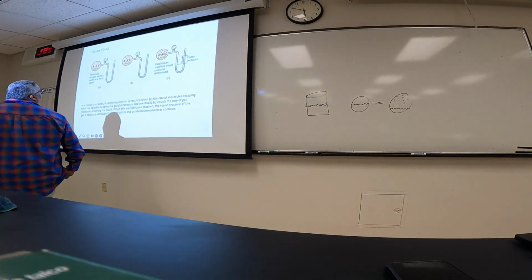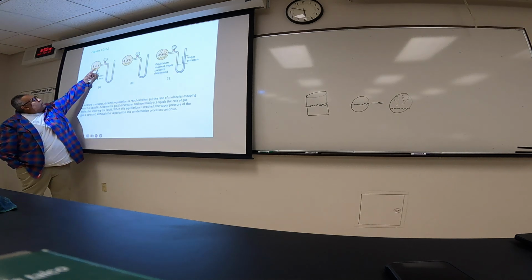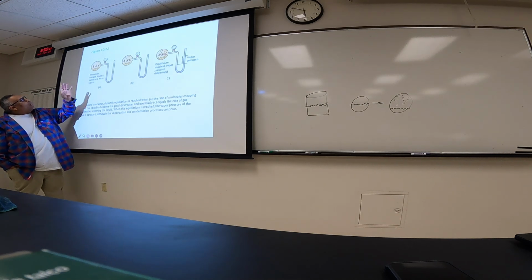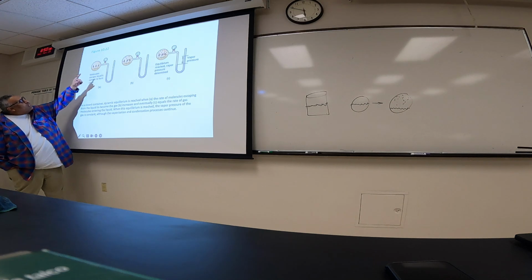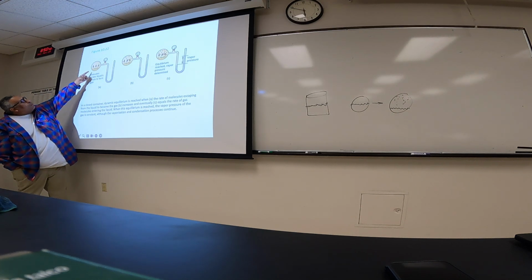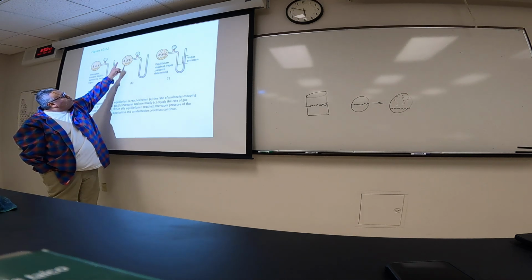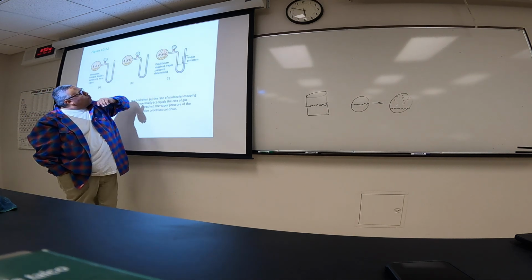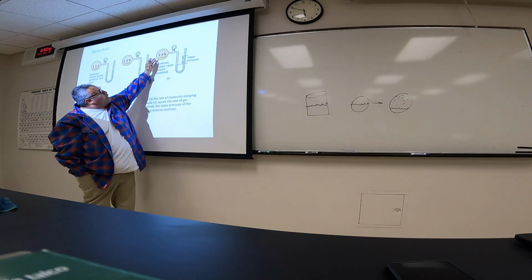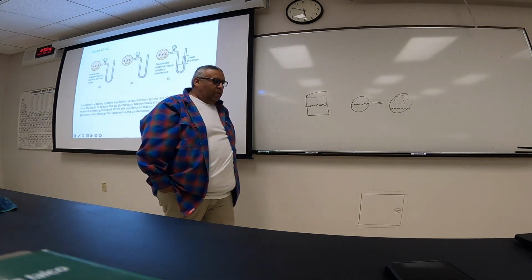I should not have drawn that picture, so we could have just used this, but here's our liquid here, right? And as it's increased, this one will actually show the vapor pressure increasing. So we put our liquid in here, and then there's really no vapor pressure in here. But after some time, we're going to get some of that liquid to evaporate, and we can see the vapor pressure building up. And then over here, this is when we reach equilibrium, and we can have some amount of vapor pressure.